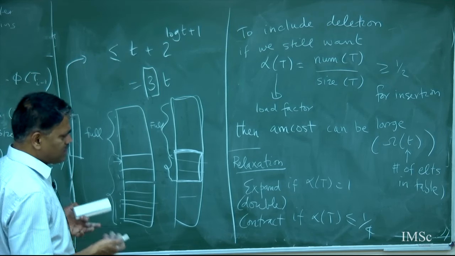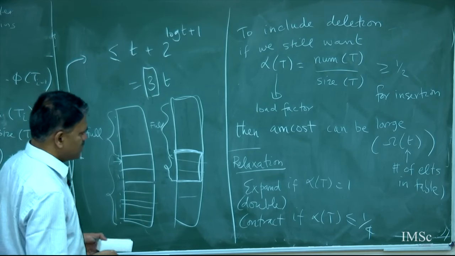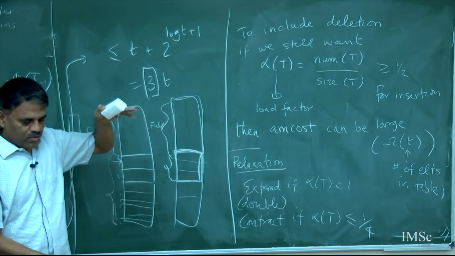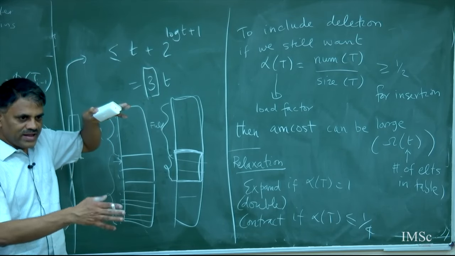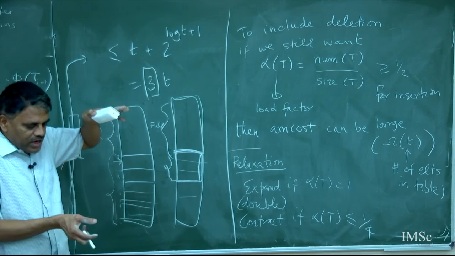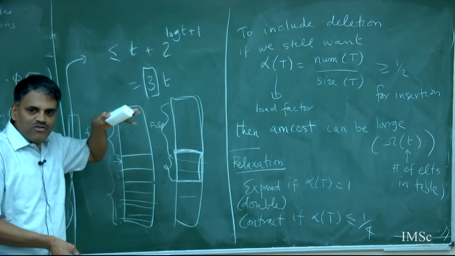And why do you expect amortized cost to be constant now? Because suppose I expanded it, I am only half full, and I delete an element, I am not going to contract it. I need to delete some fraction of elements, so I can make them pay for it.